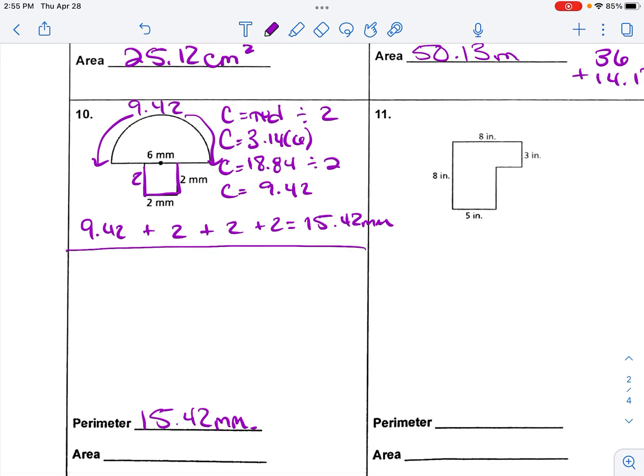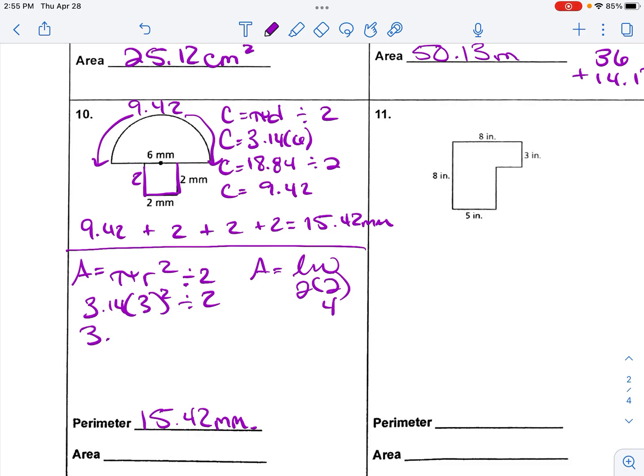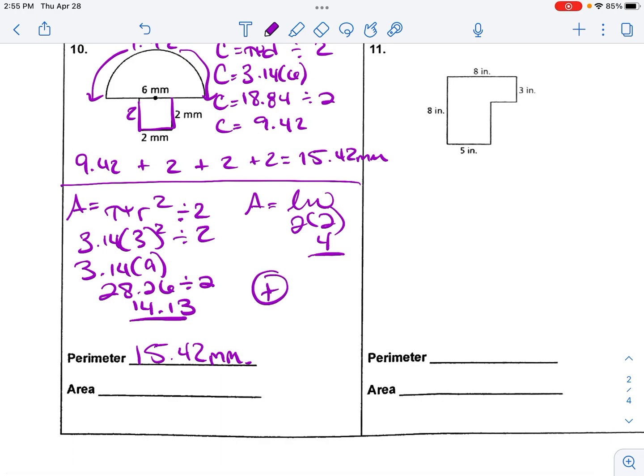Okay, area of the semicircle, pi r squared divided in half, and then the square is a 2 by 2. 3.14, the radius is 3. 3.14 times 9, I feel like we've already done this one somewhere. 28.26 divided by 2 is 14.13. So we're going to add those two areas together and get 18.13 square millimeters.